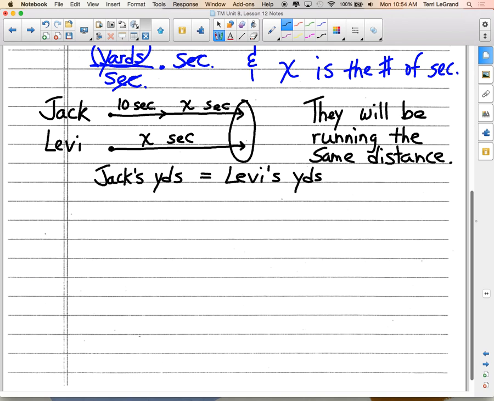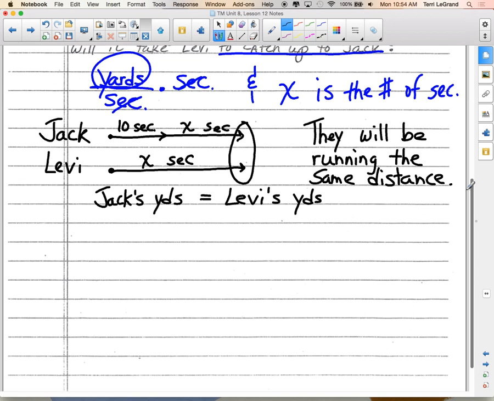So how are we going to get the number of yards that Jack runs? Remember, he's got two things going on. He got a head start. What would we do for the first part of his leg? Look at what it says up here. Take the rate times the number of seconds, and that will give you how many yards was run. What do you think we could do? How fast is Jack running? 3 yards per second.